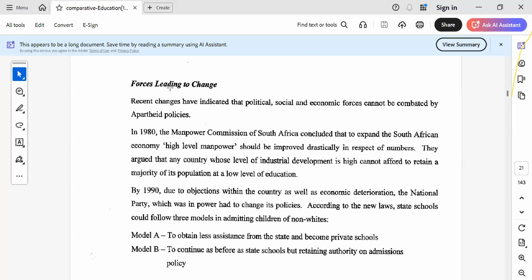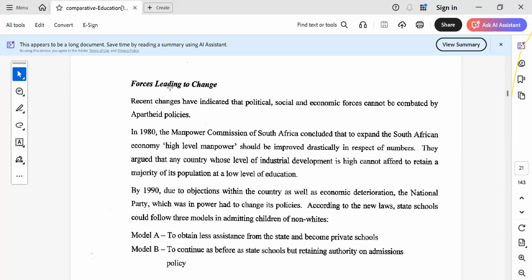But it's now being discussed, right? By 1990, after 10 years, due to objections within the country as well as economic deterioration, the National Party, which was in power, had to change its policies.